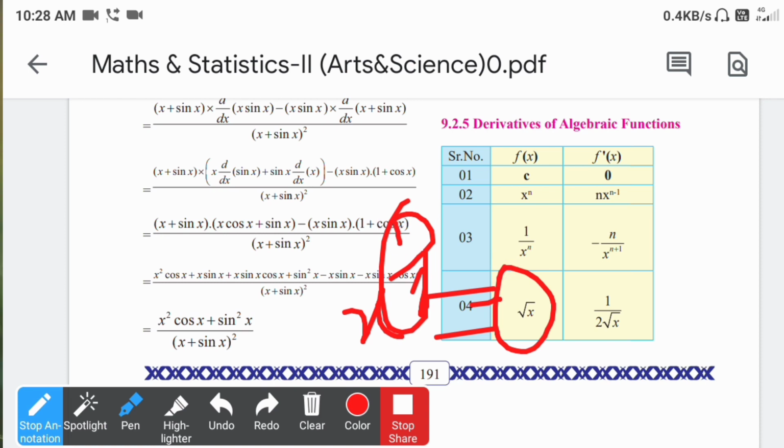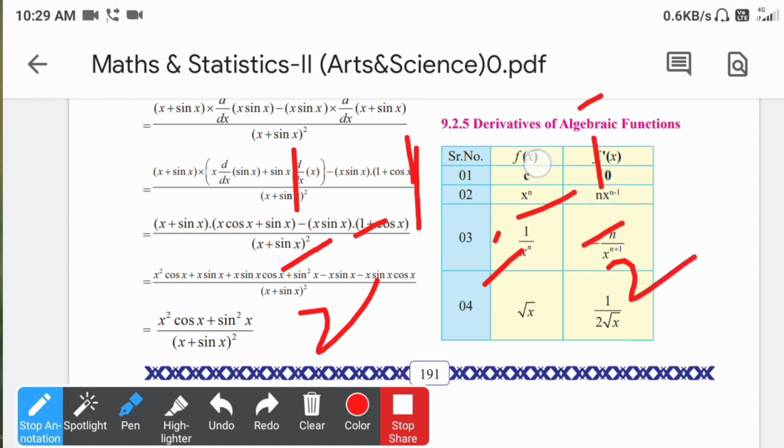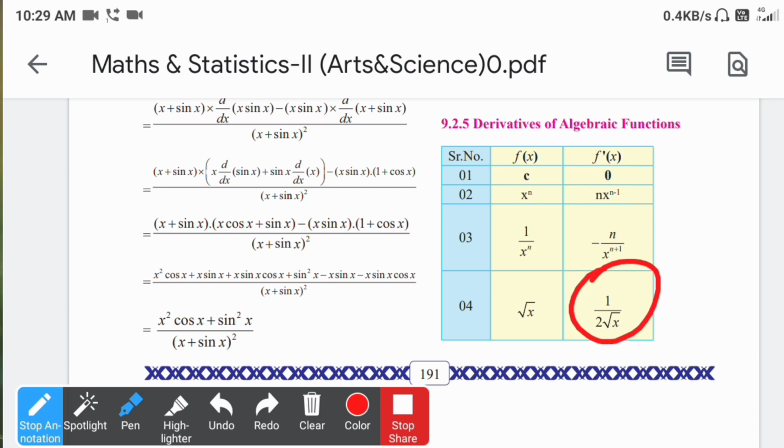So the derivative will be what? n, that is 1 by 2, into x raised to n minus 1, that is 1 by 2 minus 1. So 1 by 2 minus 1 comes out to be minus 1 by 2. Instead of writing minus 1 by 2, we can write it in the denominator. So we can directly get the formula for the derivative of square root of x as 1 by 2 root x.